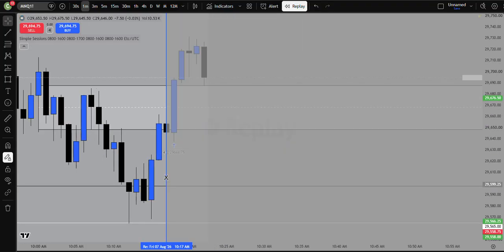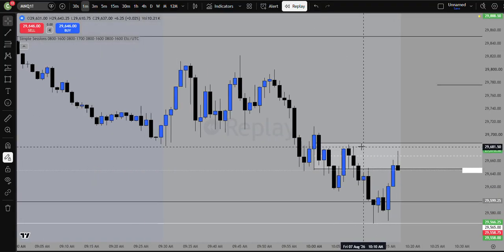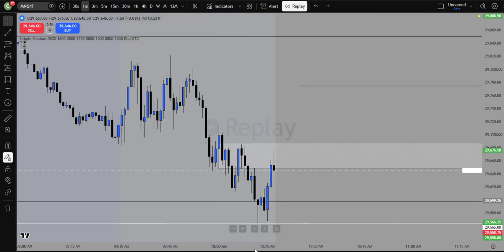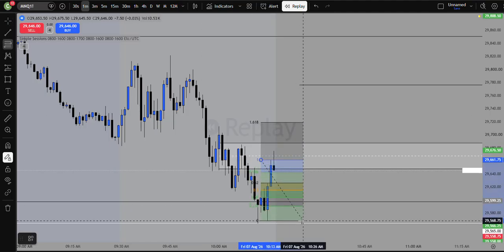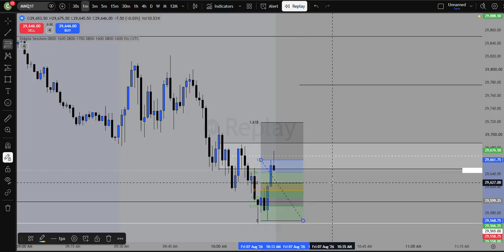Hold on. So there are two ways I could have entered. I could have entered here, and I could have entered there. But let's say we did enter here. The reason why I enter here is, look at the displacement over here, candle close. Feel me? Makes sense.